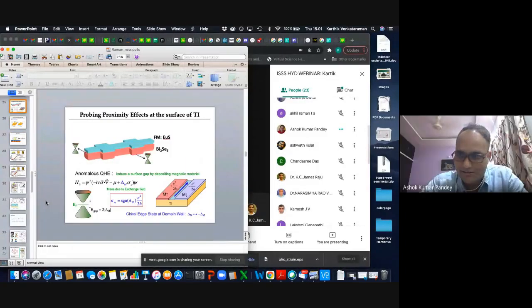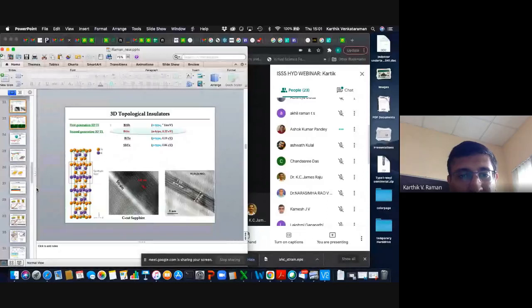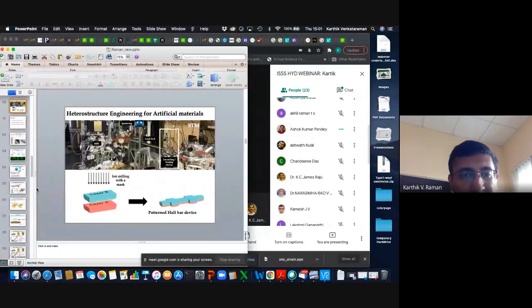Okay. So it's interesting because these are the examples. Edge states are essentially states like this. Let me just show here. This is easy to explain.